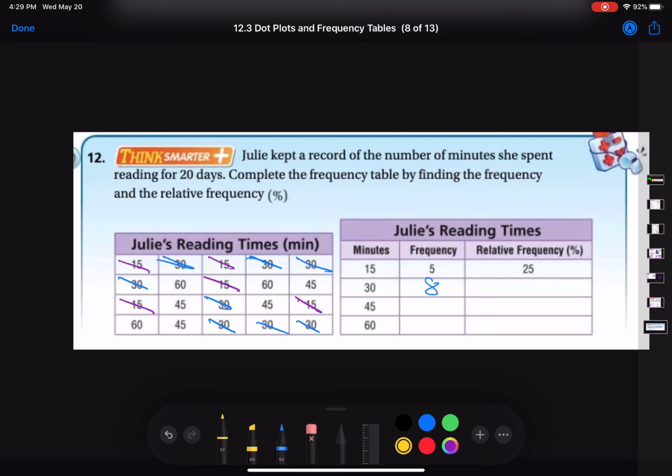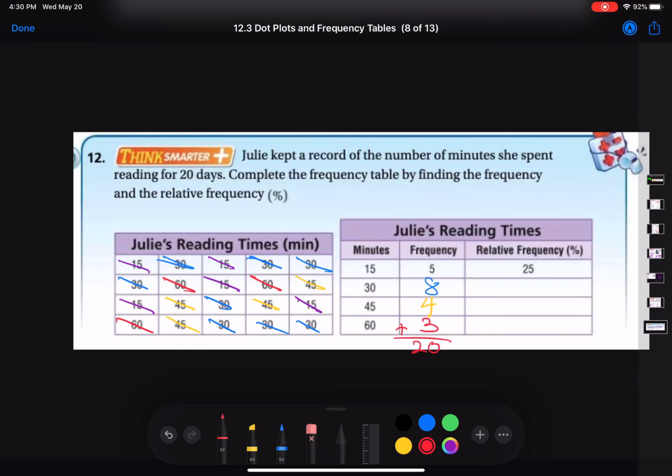And then you're going to do 45. You got 1, 2, 3, 4. Okay, and then we want to do 60. And so we got 1, 2, 3. Okay, now add this up. So it should be 20.